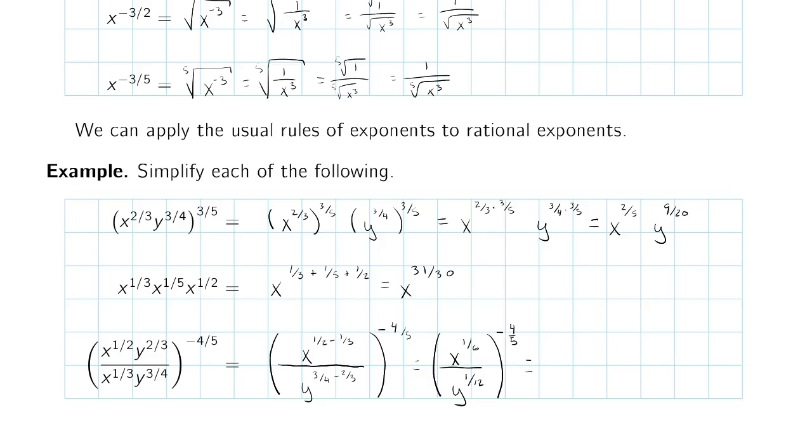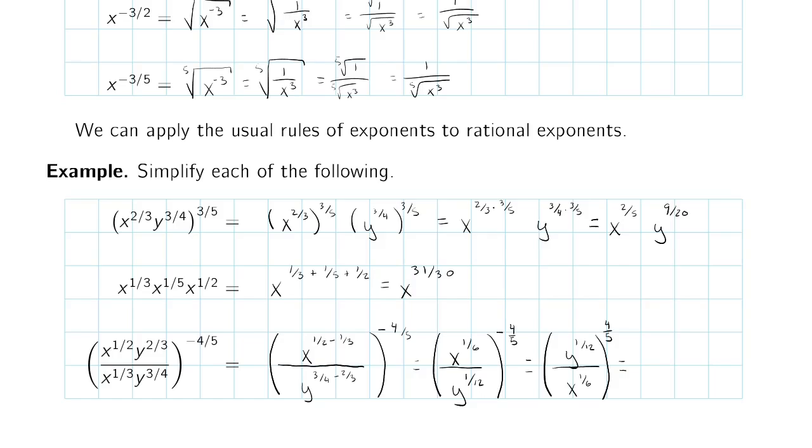And now I'm going to think negative exponent means take the reciprocal. So I'm going to take the reciprocal of what's in the parentheses. I'll instead have y to the 1/12 in the numerator, x to the 1/6 in the denominator, and that's going to be to the power positive 4/5.